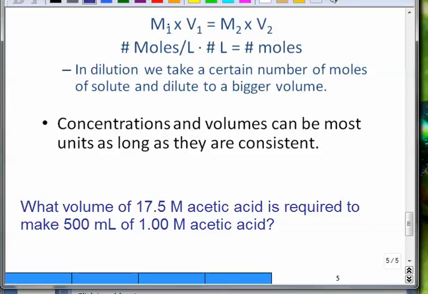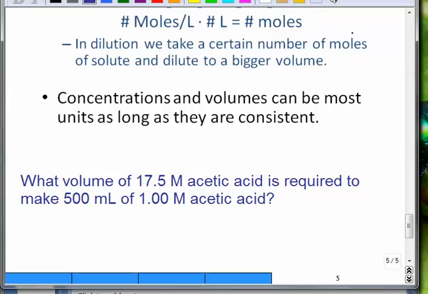In fact, it could be millimolar, it could be grams per liter, it could be parts per million, it could be a percent by mass, it could really be anything, as long as we're using the same units on the left and the right. Same holds true with volume, whether we're using liters or milliliters or gallons, as long as we're using the same units on the left and the right. It really doesn't matter, as long as we're labeling those units.